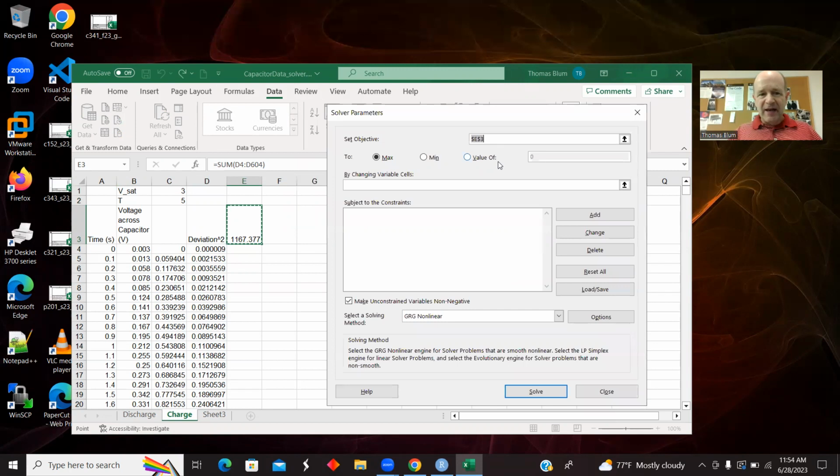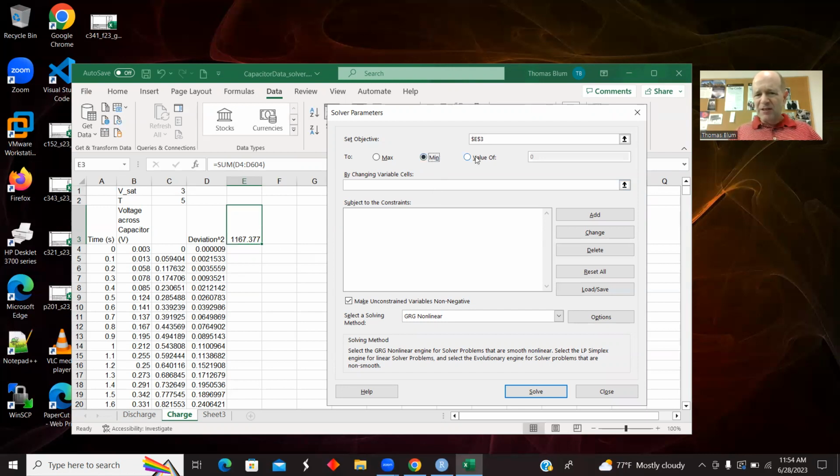So we say, and I just happen to have this highlighted when I went to Solver, so it's highlighting this E3, and that is the thing that I want worked on. That's my target, and I want it to be minimized.